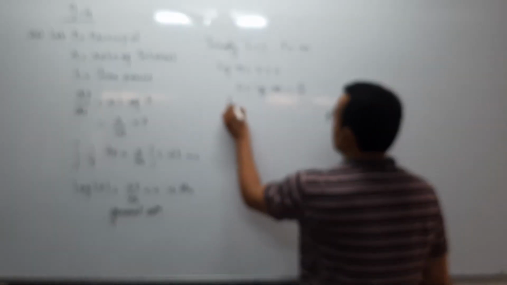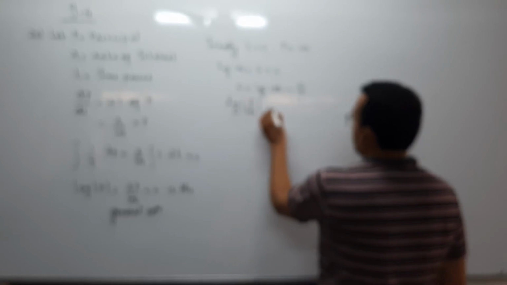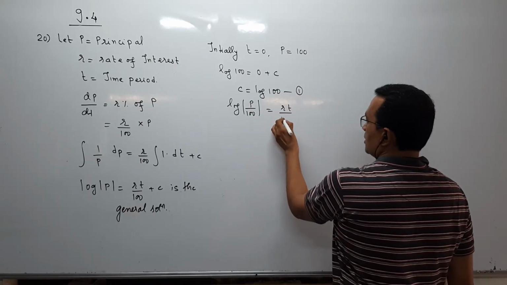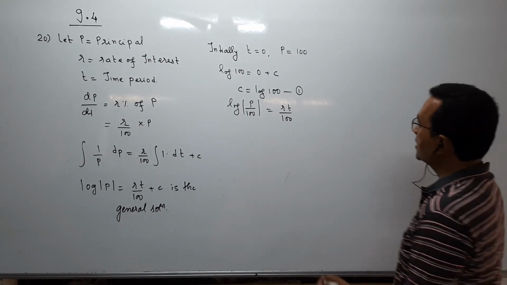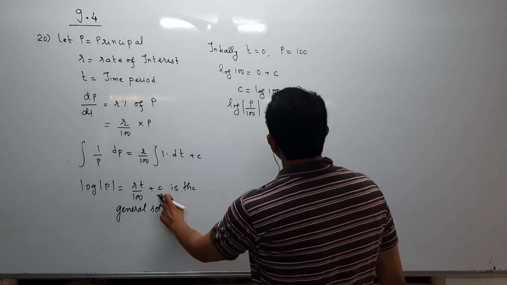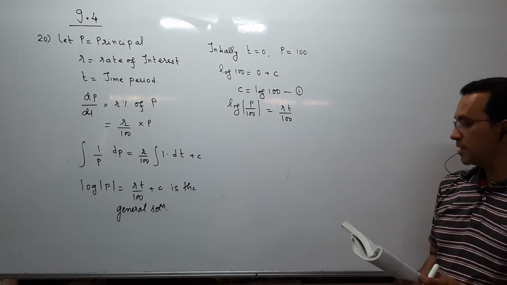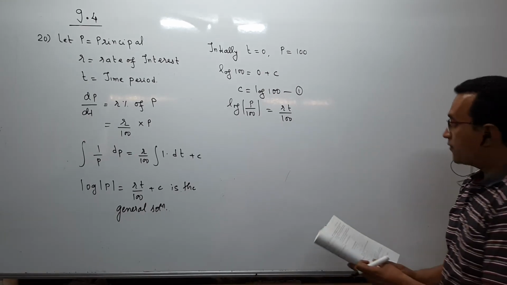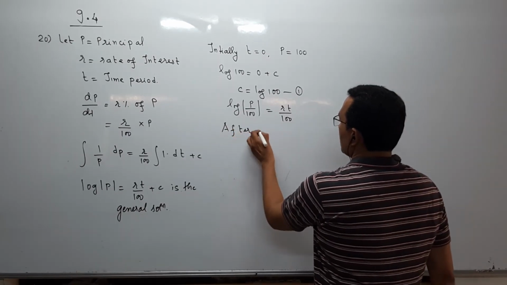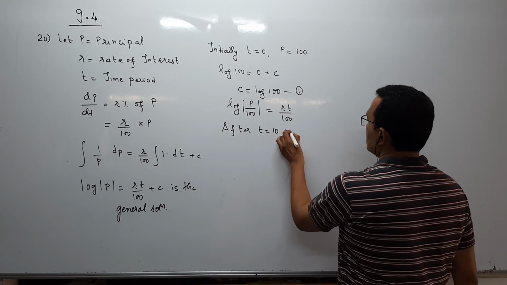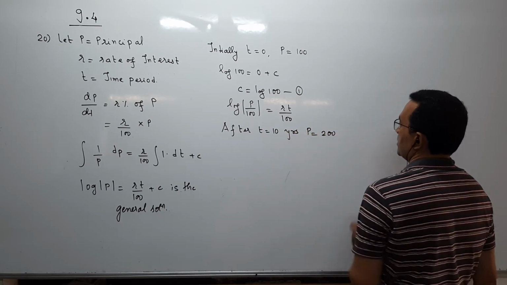Therefore, log P by 100 is equal to RT upon 100. Because if in this equation C is equal to log 100, then log P minus log 100 is log P by 100. Now, after T is equal to 10 years, P is equal to 200.